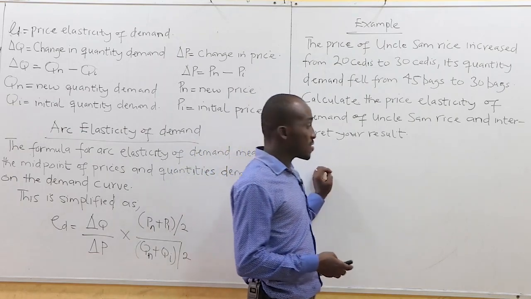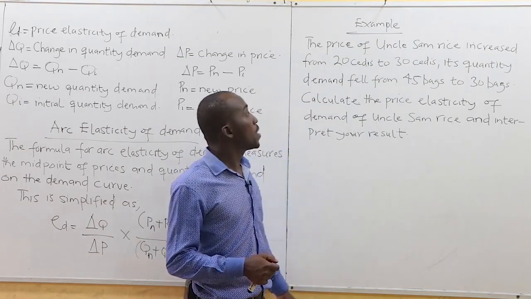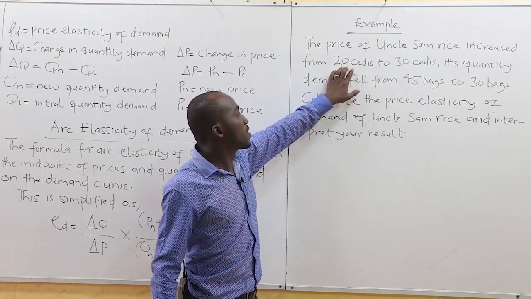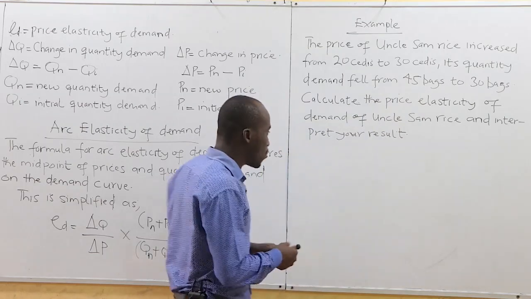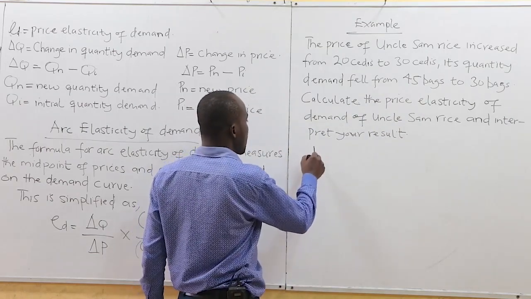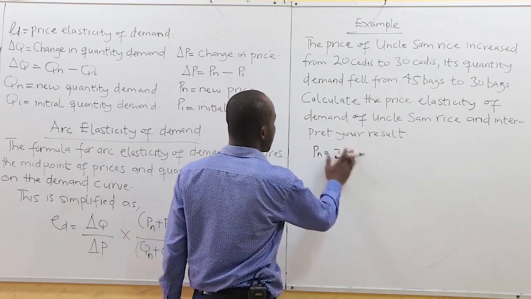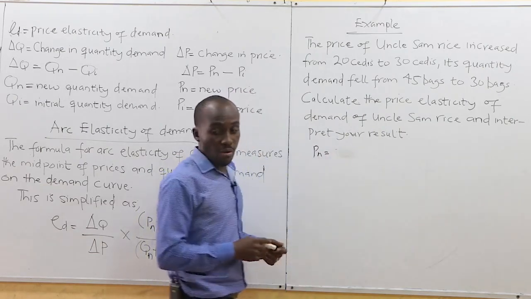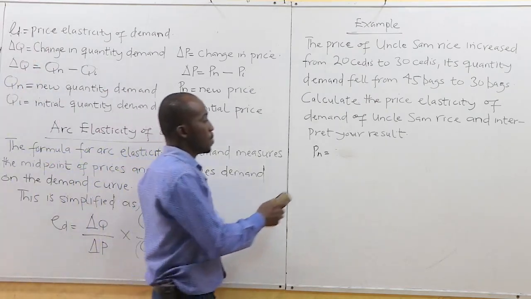So here we have a product called Uncle Sam rice, right? The price increased from 20 to what? 30. So what is the new price? The new price is 30 cedis.